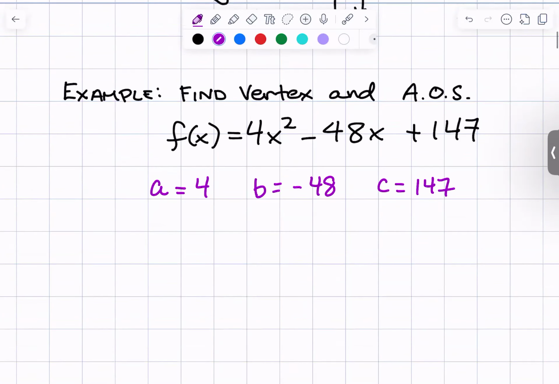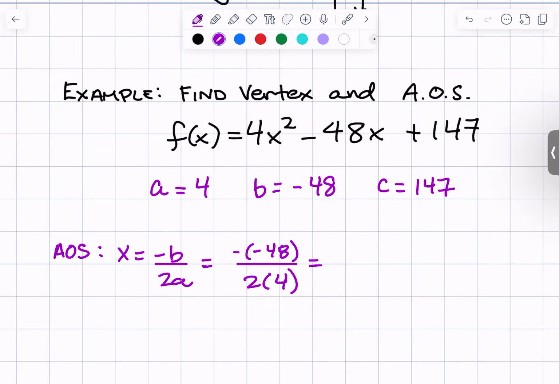So I know my axis of symmetry is going to be x equals negative b over 2a. If I plug in a and b, it'll be negative times negative 48 over 2 times 4.